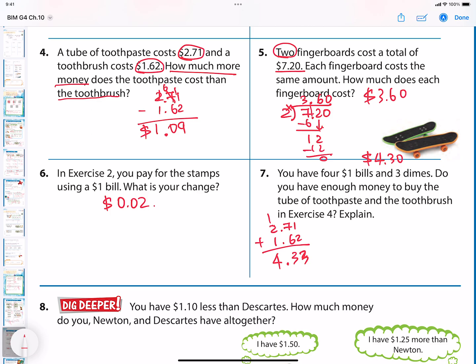So the cost is what? $3.33. But you have what? $4. Okay, let's compare this. $4.30. Which is greater? Yes, $4.30 is greater. That means what? You have enough money, guys. Okay, so yes. That's it.